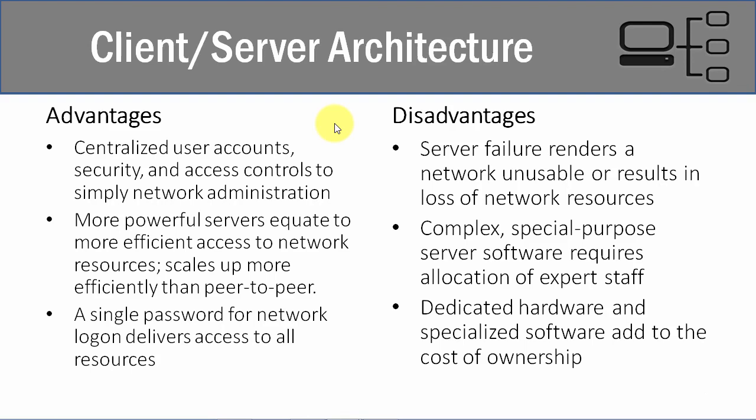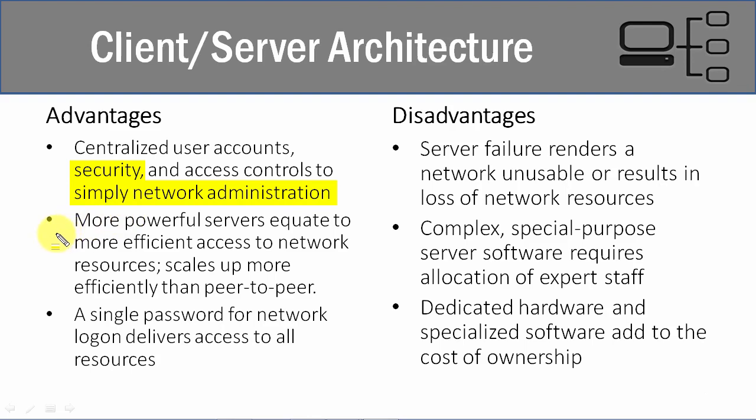And so that provides us greater security. It really simplifies how we manage the network. And having those two features, enhanced security and simplified network administration, because we're only focused on securing and managing and backing up and making sure that data and information is there on the servers. We don't have to worry about the clients as much.